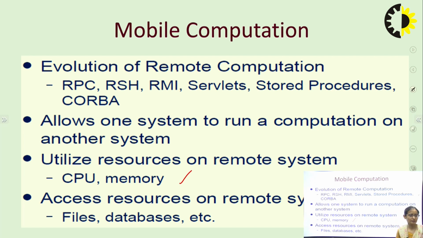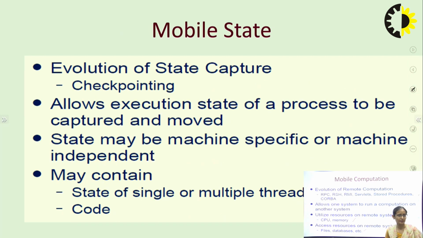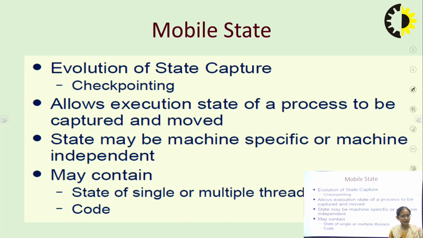It could also access resources on the remote system, which can be files, databases, etc. When we say mobile state, the evolution of state capture can be done with the help of checkpointing. It allows the execution state of a process to be captured and moved. The state may be machine specific or machine independent, and may contain the state of a single or multiple threads and the code.